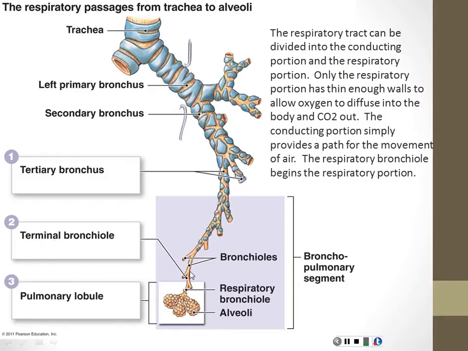They divide to form respiratory bronchioles, better picture in a minute. And then at the end of this tree are, of course, the leaves. In this case, the leaves are the alveoli of the lungs, which are the functional unit. That's where oxygen and carbon dioxide actually move in a meaningful way.